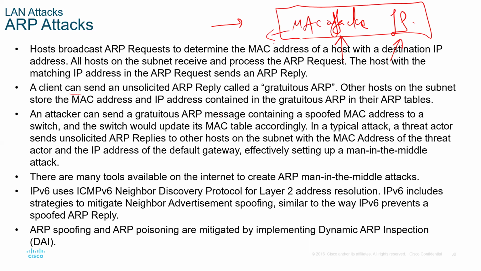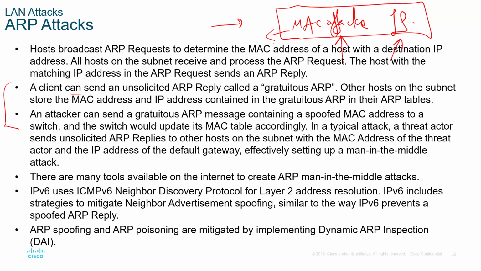Then an attacker can send an ARP message containing a spoofed message to the switch. In the typical attack, the actor sends unsolicited replies, effectively setting up a man in the middle. It's still the same attack.